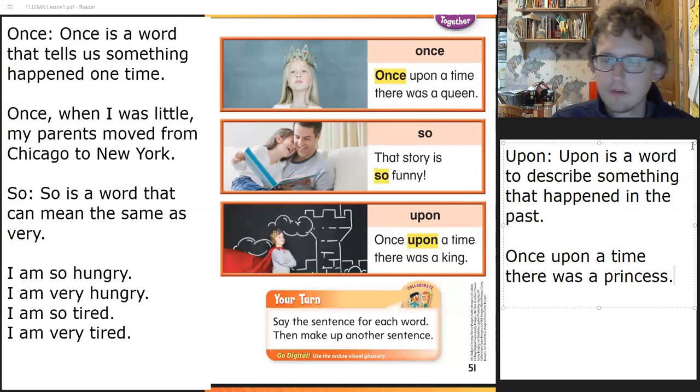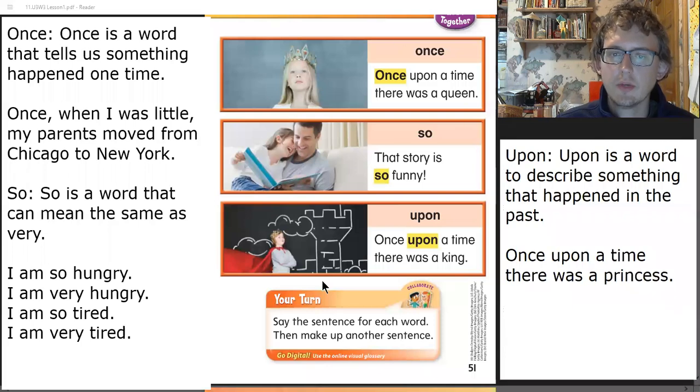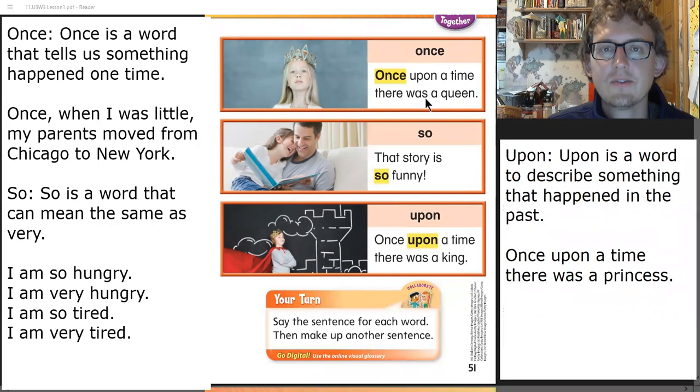Okay? Okay. So those are all of our words for today in this section. So when we read our stories this week, we are going to see these words. Okay? So when we do, we're going to know exactly what they mean, right? Yeah. Okay. Now let's go to our next page.